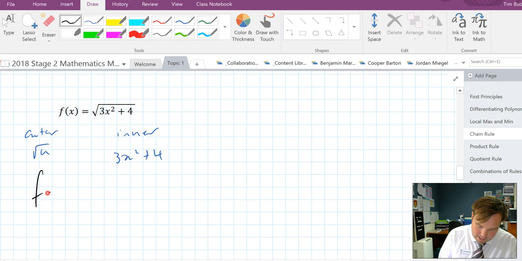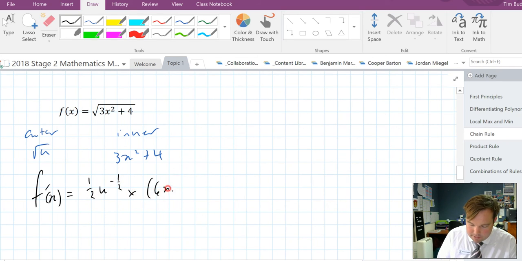So, f dash x is the derivative of the outer, which is a half u to the minus a half, multiplied by the derivative of the inner, which is just going to be 6x. Right, and then we have to remember to replace the u with what it was initially. So it's a half times 3x squared plus 4 to the minus a half times 6x.